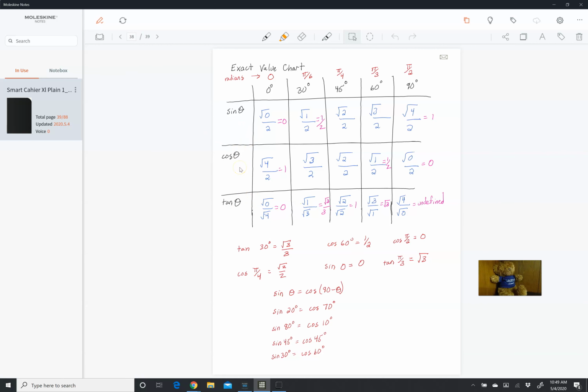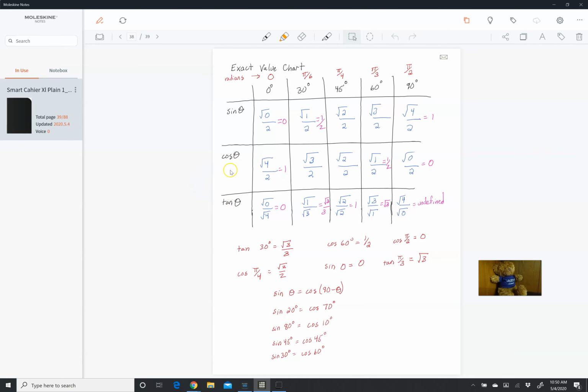So for example, if the cosine of 0 is 1, the secant of 0 is 1 because the reciprocal of 1 is 1. If the cosine of 60 is 1/2, the secant of 60 is 2 because the reciprocal of 1/2 is 2. If the cosine of 90 is 0, then the secant of 90 is undefined because 1/0 is undefined.